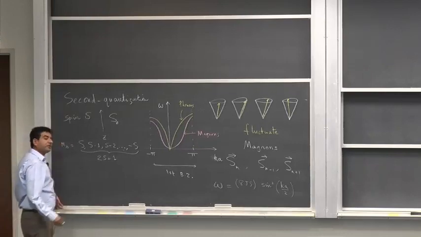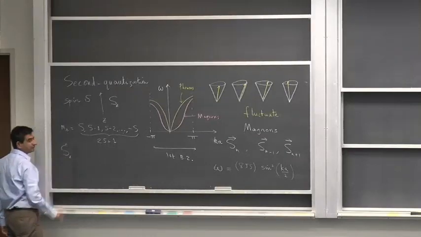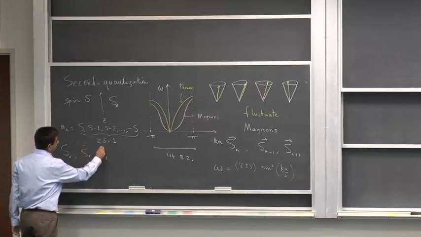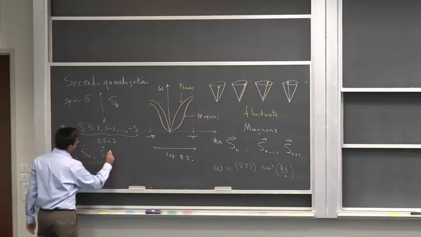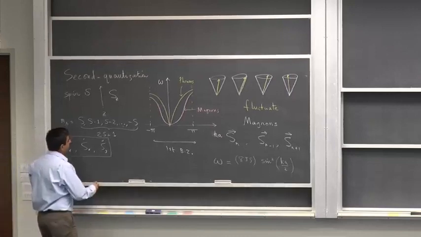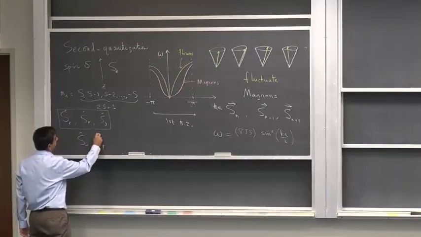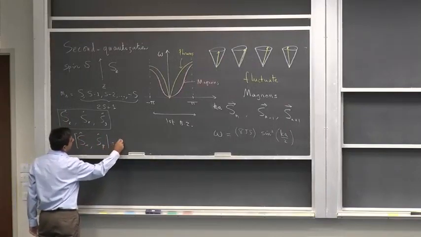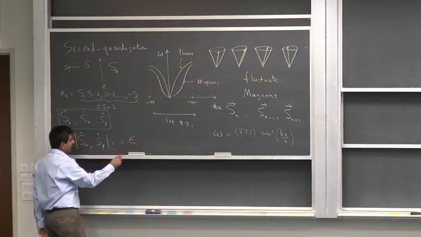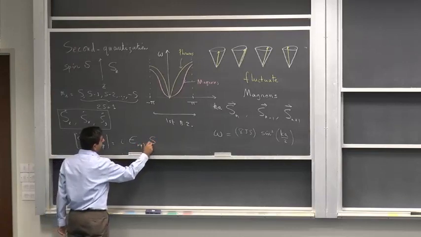And now we have the spin operators. The spin operators are Sz, Sx, and Sy. And there is a certain commutation relationship between these operators, and that is S alpha commutator with S beta is some i, the Levi-Civita symbol, alpha, beta, gamma, S gamma.